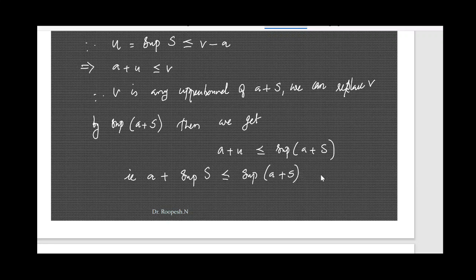Call this equation B. Now from A and B what you will get?